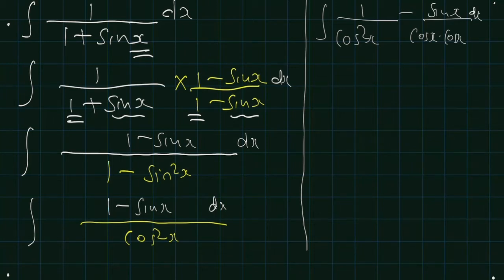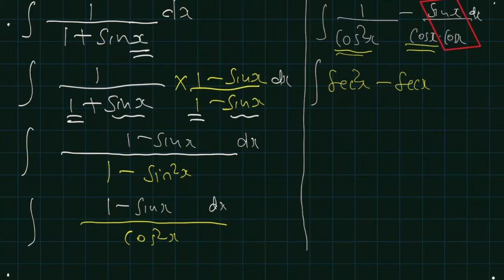Observe that 1 by cos square x I can write as sec square x. Sin x by cos x I can write as tan x, and 1 by cos x as sec x. So what we have got now is the integral of sec square x minus sec x tan x dx.